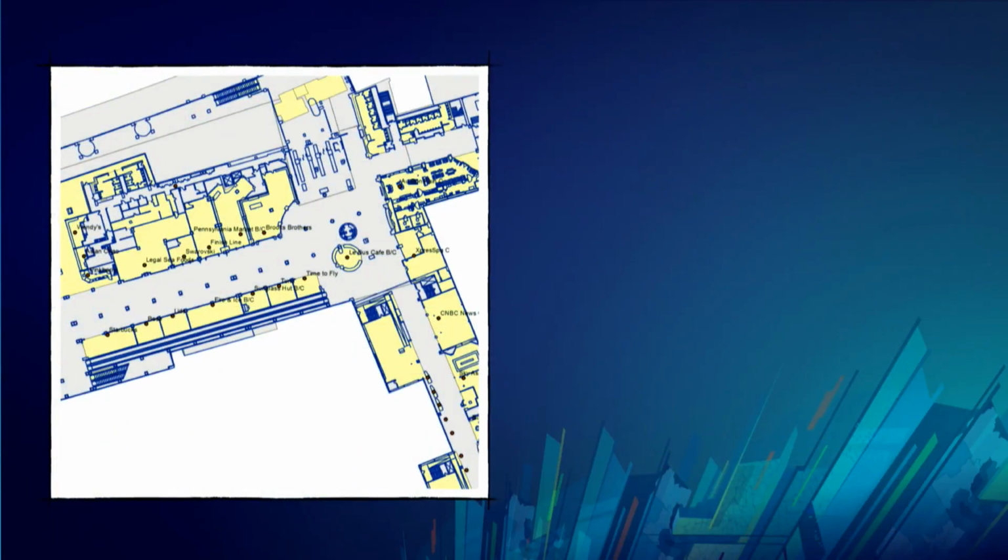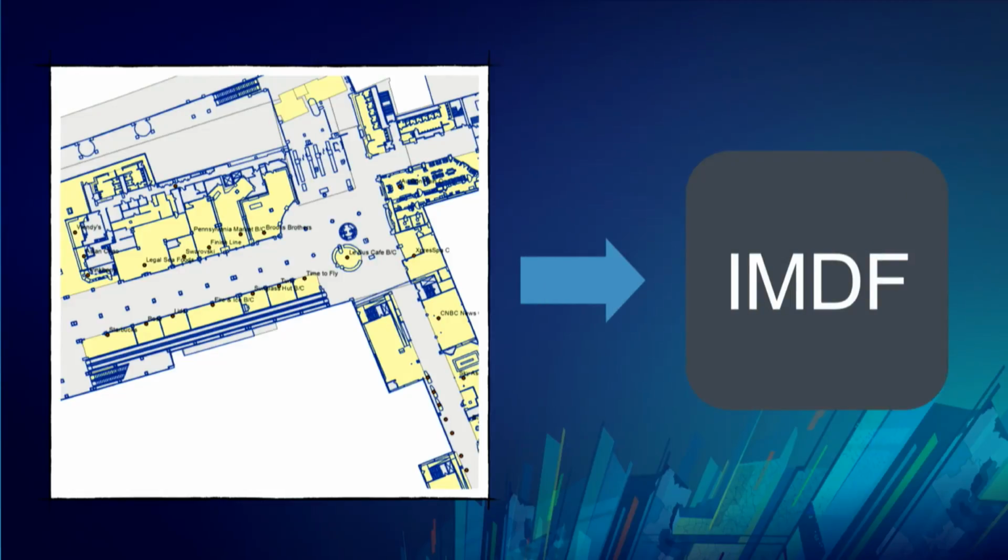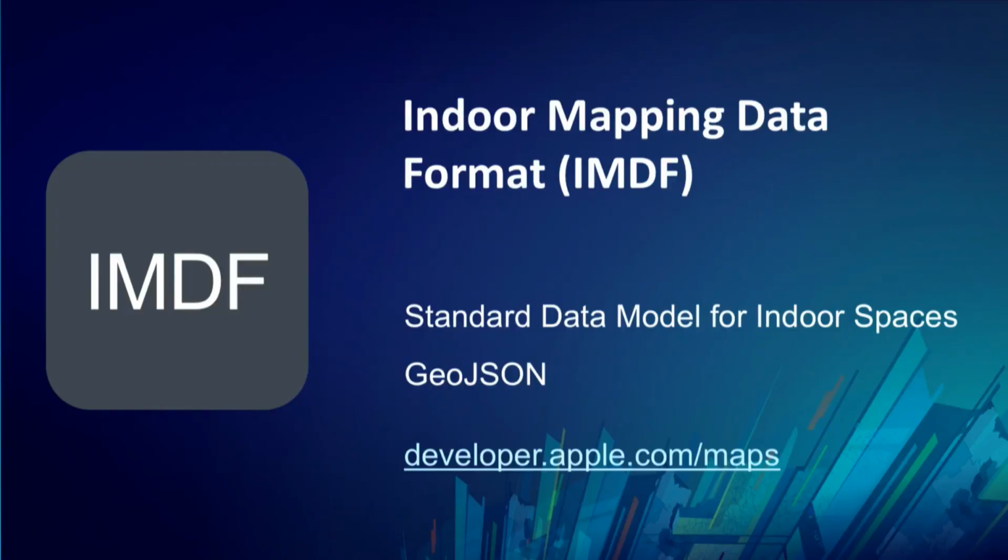Now, for that to happen, the floor plans need to be converted into IMDF. And for that, you can use ArcGIS Indoors. Right? So we are approved and certified as the partner, if you will, to communicate this information back and forth from the IMDF system. So IMDF, by now, you guys know, it's the indoor mapping data format.